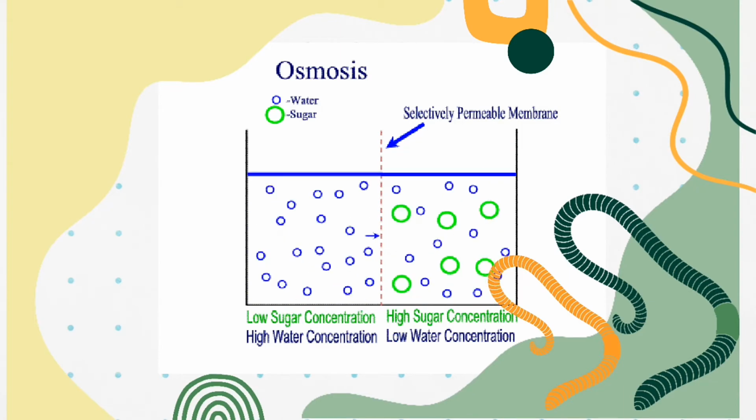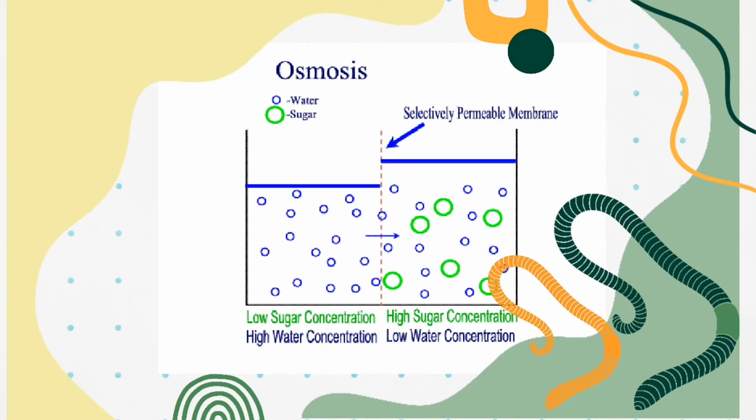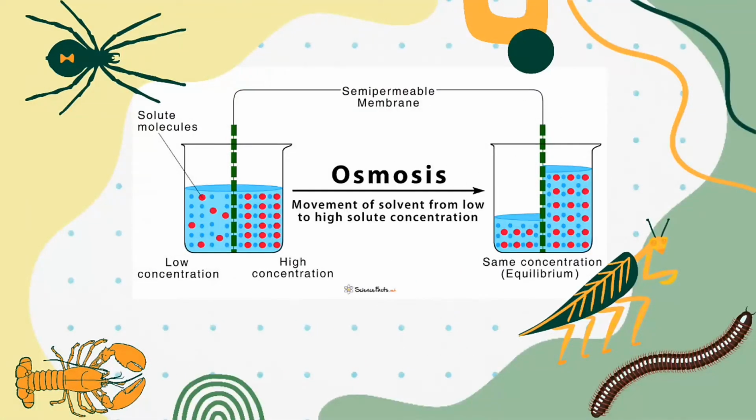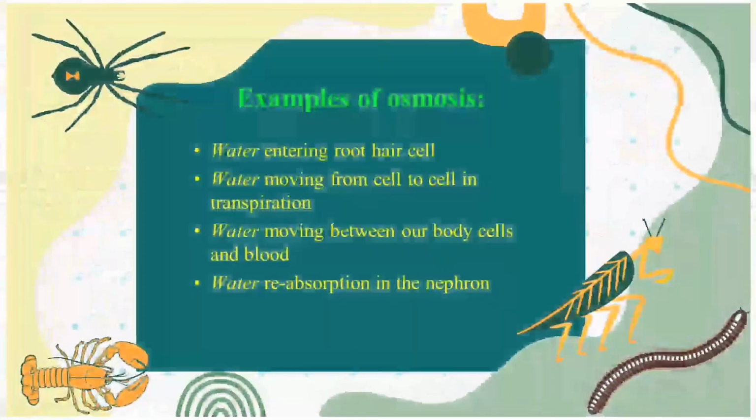In osmosis, a semi-permeable membrane is required in order to move solvent from a region of lower concentration to a region of higher concentration until an equilibrium, a stable solution, is achieved. Then what are the various examples of osmosis?